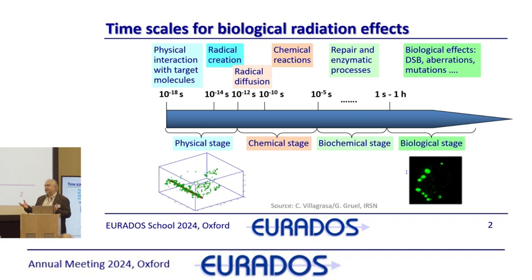These radicals can diffuse, you have chemical reactions, and at some point you have induced damage in your biological system and it is repaired. And then it still takes from microseconds to seconds before you come to the point where you can see a biological effect. And sometimes it takes even days or even years to see that effect.